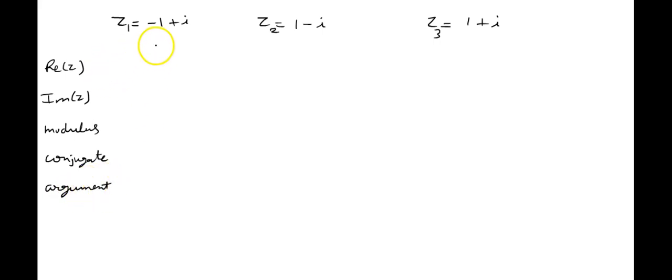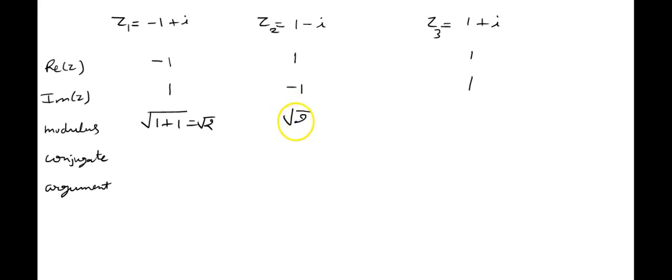If I want to write down the real part, the real part is -1 over here. The real part for this is 1, and for this also the real part is 1. If I write the imaginary part, it's 1 over here, it's -1 over here, and +1 over here. If I take the modulus, that is root of (-1) square, that is 1, plus 1, so it will be root 2.